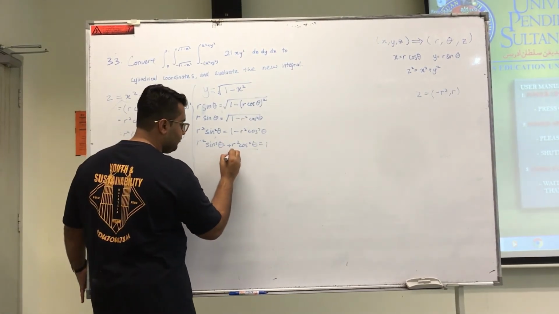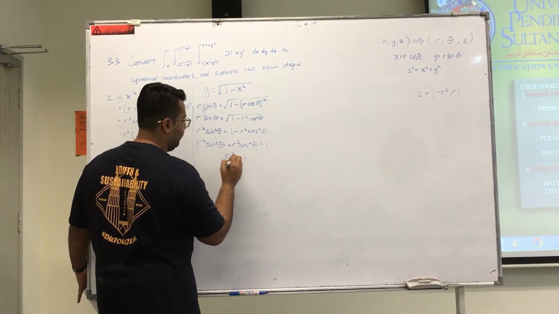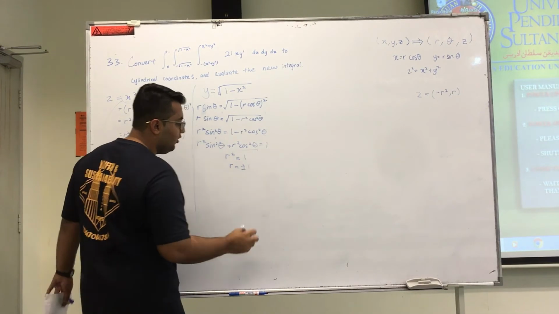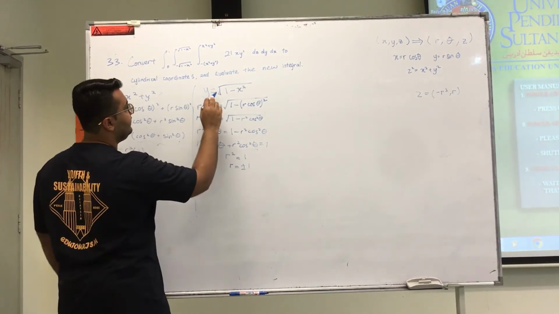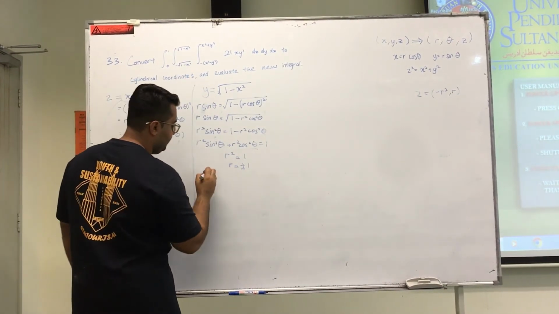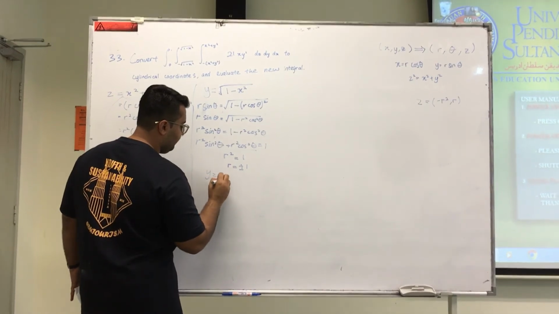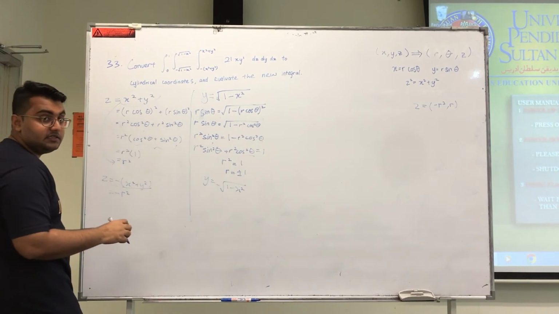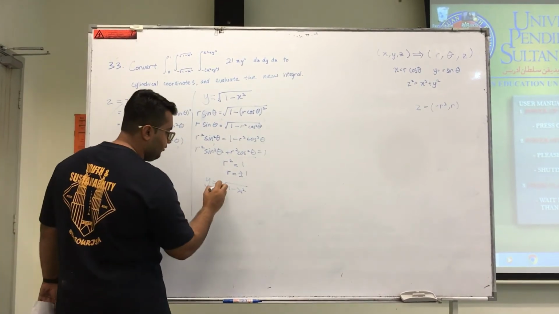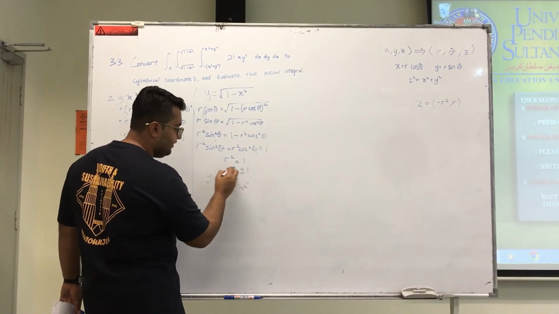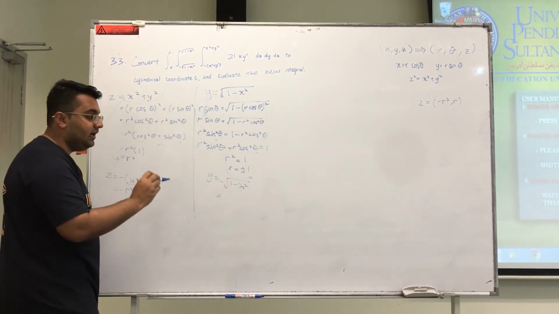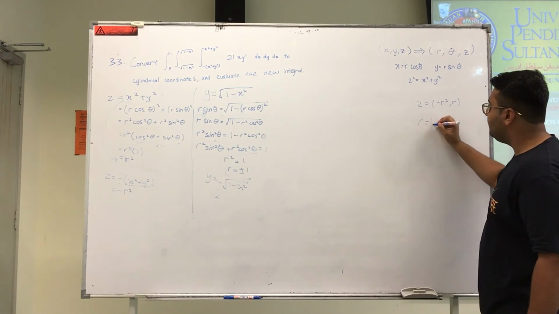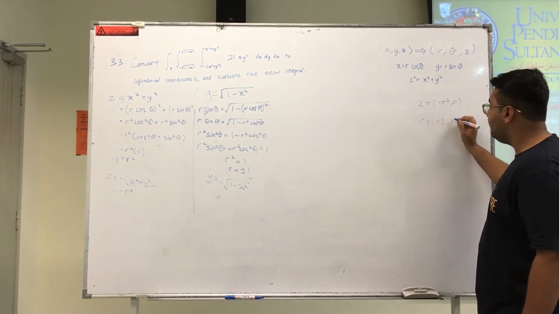So r squared is 1 and r is plus minus 1. And if you calculate the same thing here, where y equals negative square root of 1 minus x squared, you will still get the same answer. So basically r is supposed to be negative 1 and 1.